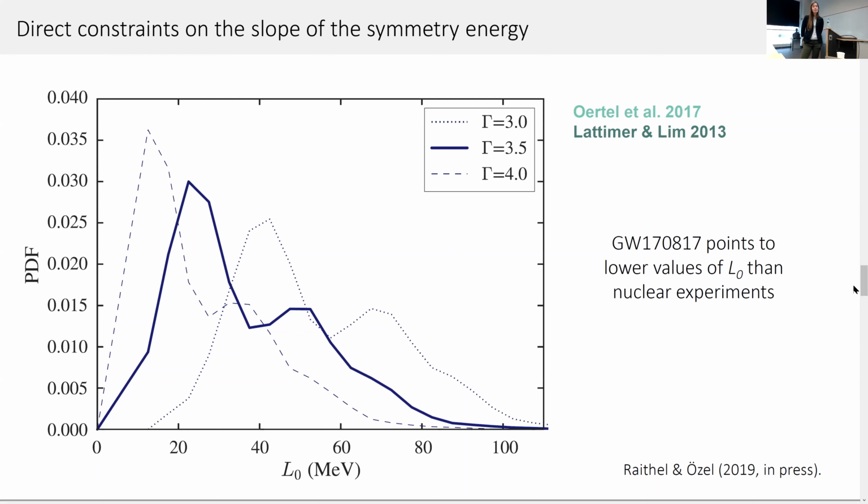To make a comment, the experimental constraint of L0 is, as you mentioned, extracted at saturation density. That's why it was good. But actually, most of the data, I don't know about the ocean, but the Latina and Lim, most of the data for those things is more sensitive to 0.1. 0.1 saturation?